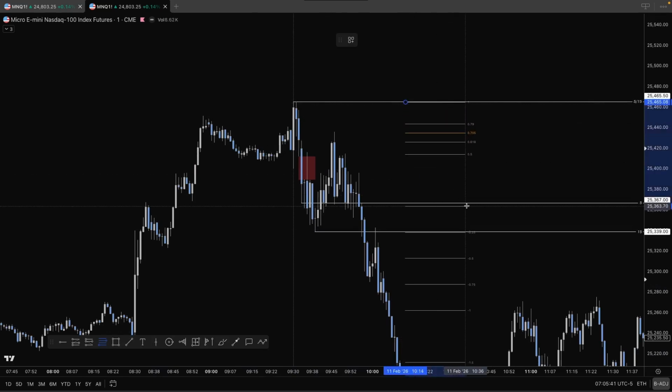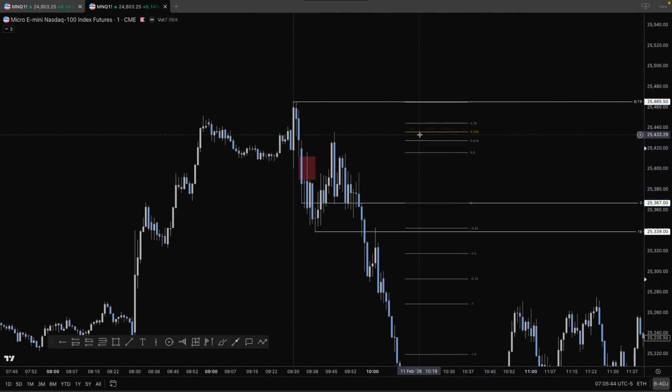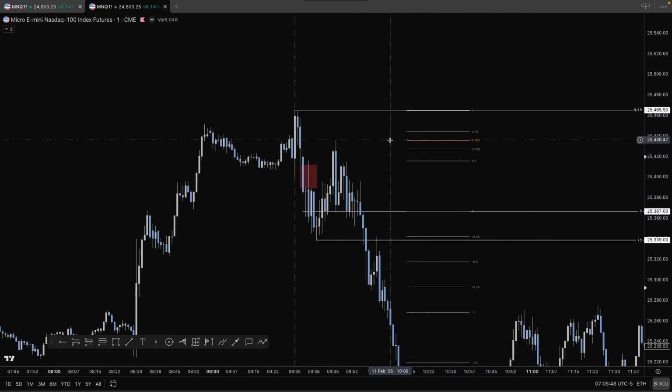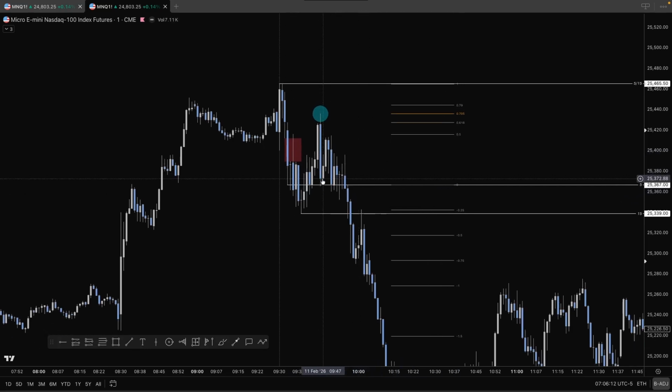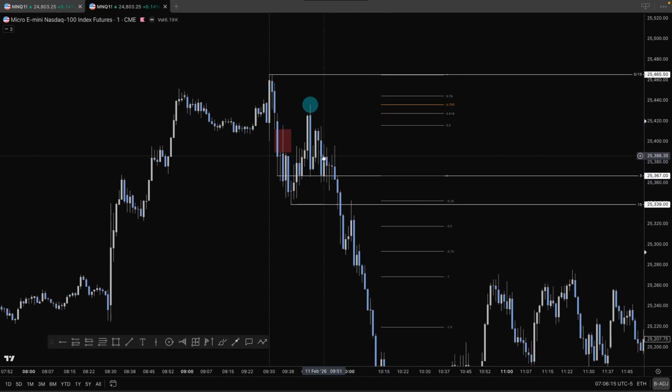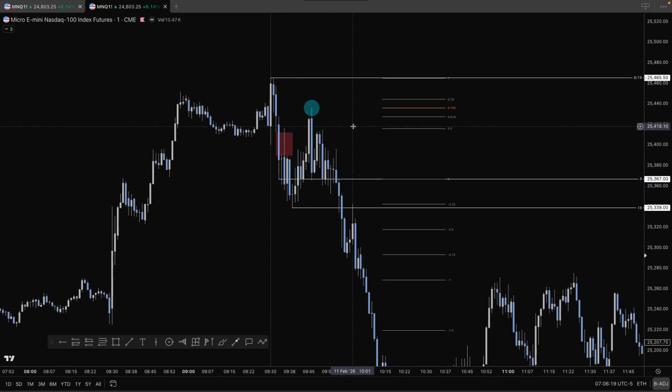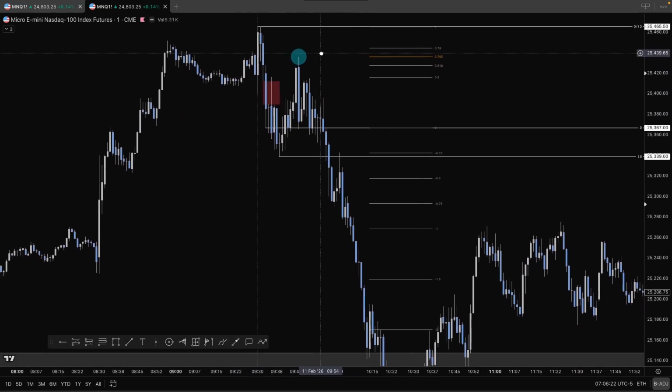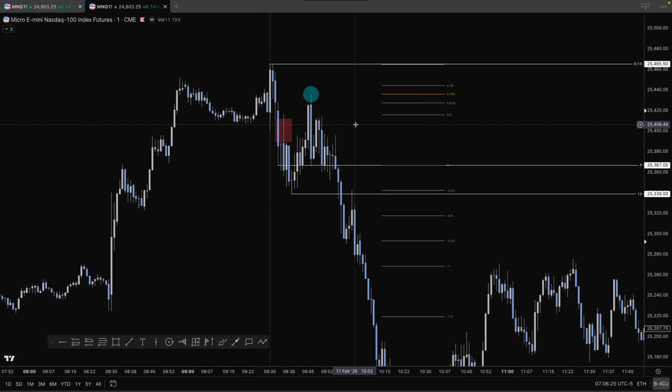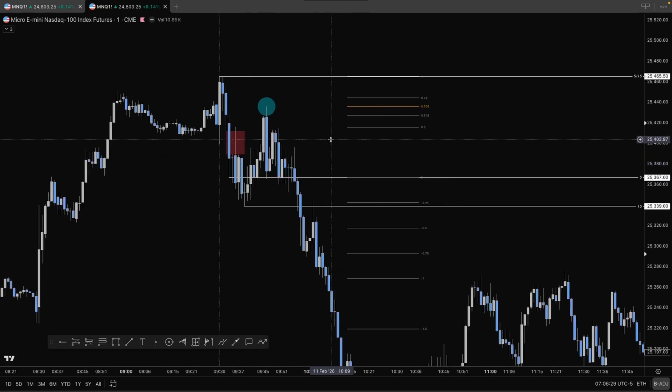So if you pull out your fib and mark out the 5-minute range, as you can see, we pretty perfectly tapped that 0.705 with this candle at 9:46, so the second 1-minute candle after the 15-minute range close, and got a super strong rejection, which usually would be already an indicator for me to say, okay, we might have bearish movement for the next hour or two, and then I start looking for an entry.